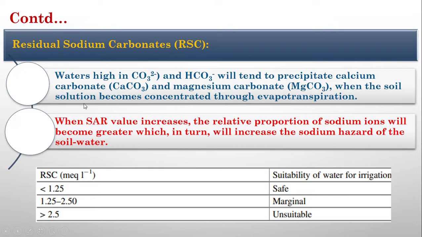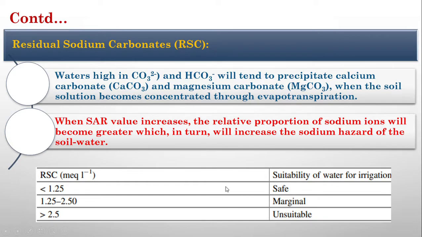When the SAR value increases, the relative proportion of sodium ions becomes greater, which in turn will increase the sodium hazard of the soil water. So when the sodium is higher, it can cause sodium hazard. The residual sodium carbonate content, when increased, can also cause sodium hazard.